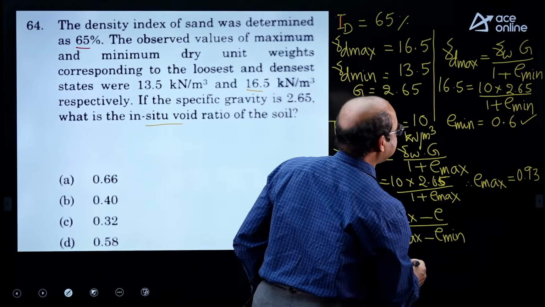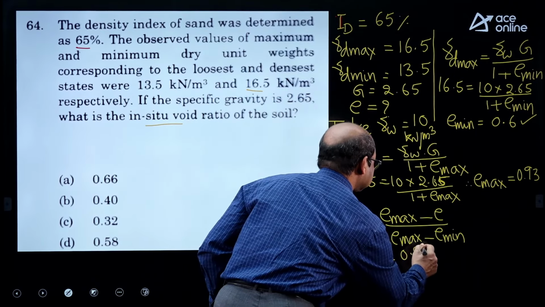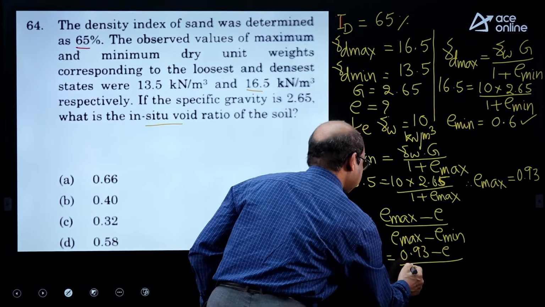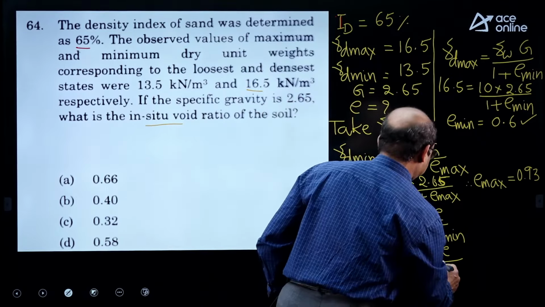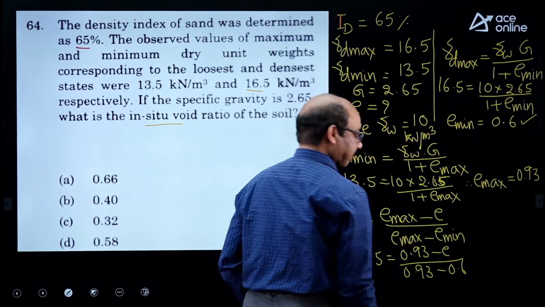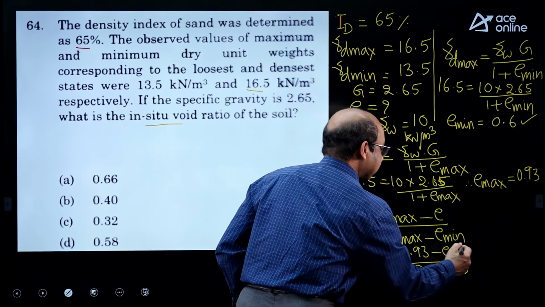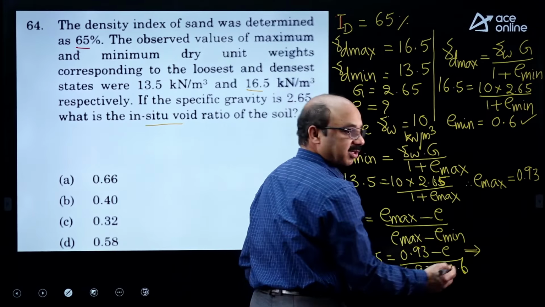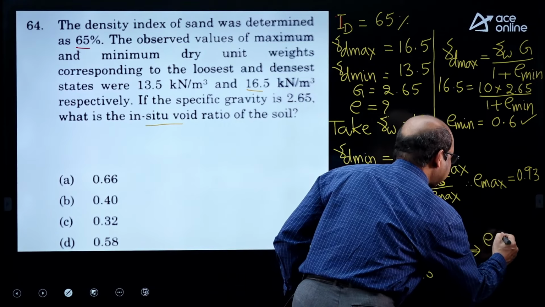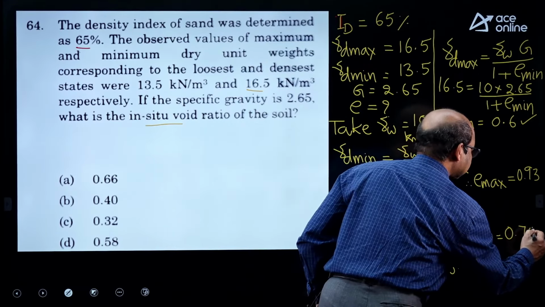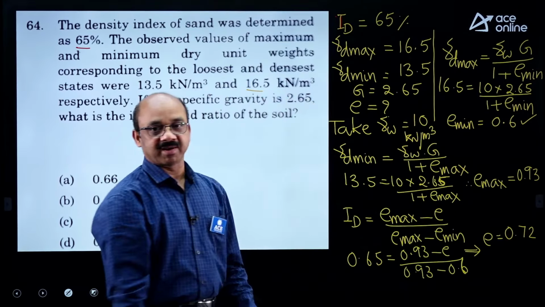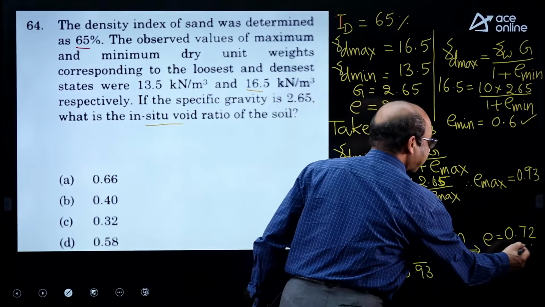E maximum is already known, 0.93, minus E, over 0.93 minus E minimum, which you got as 0.6. When you solve this equation, you get the E value as 0.72. This is the actual answer, 0.72.